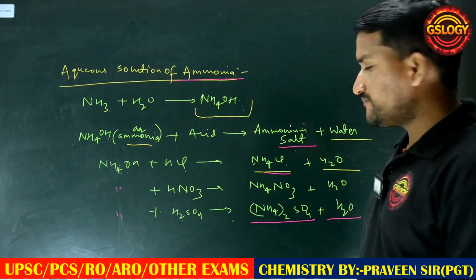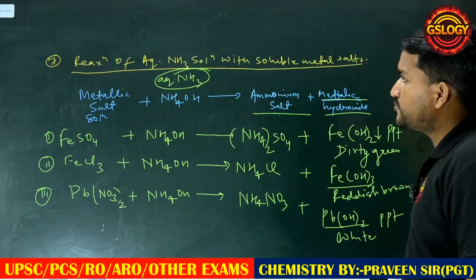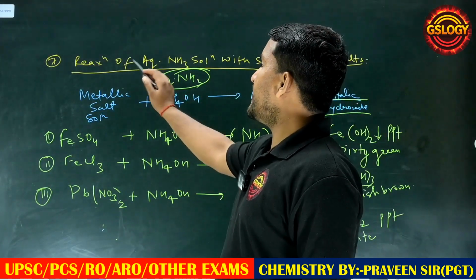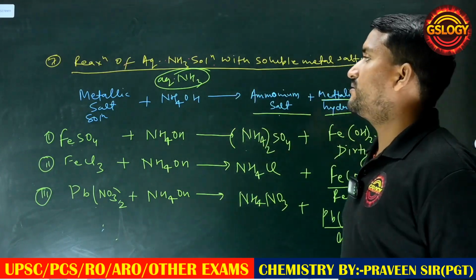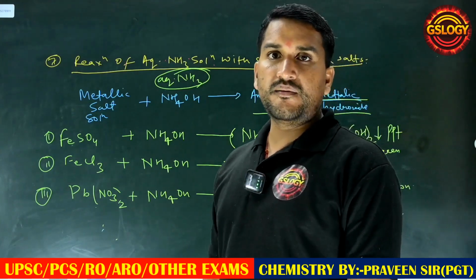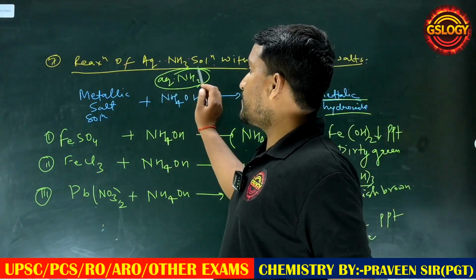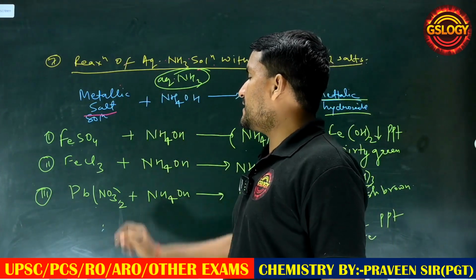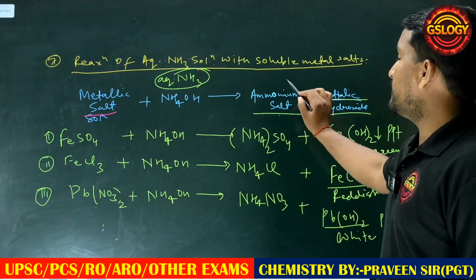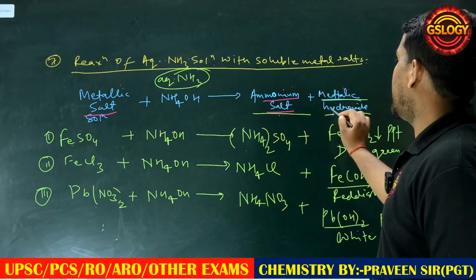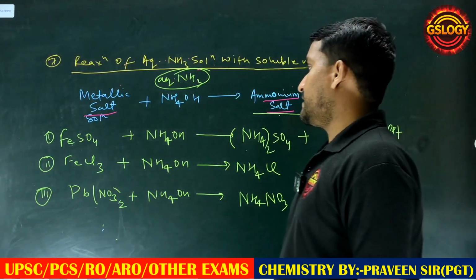Got it, everyone? Next point: reaction of aqueous ammonia solution with soluble metal salts. A metallic salt solution reacts with ammonium hydroxide to form an ammonium salt and a metallic hydroxide.